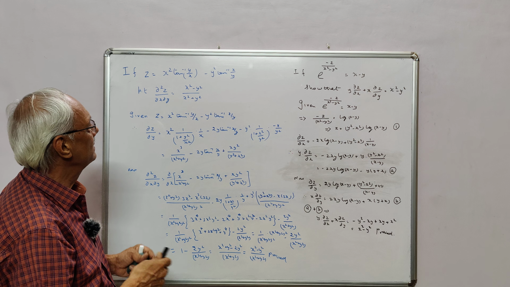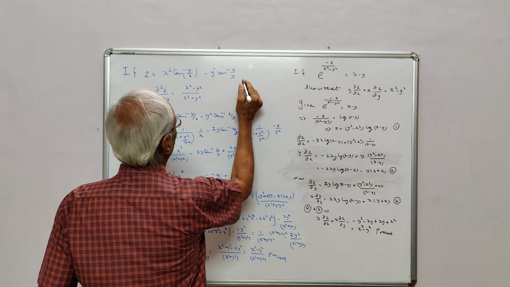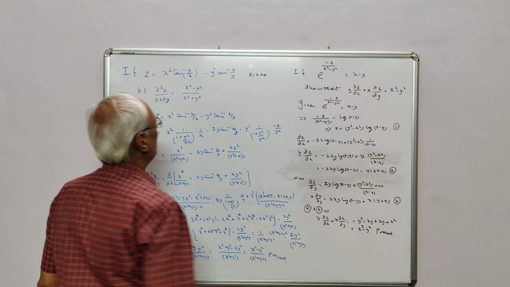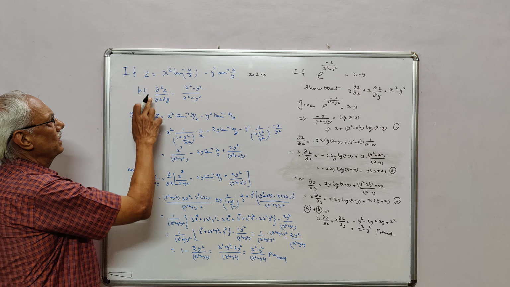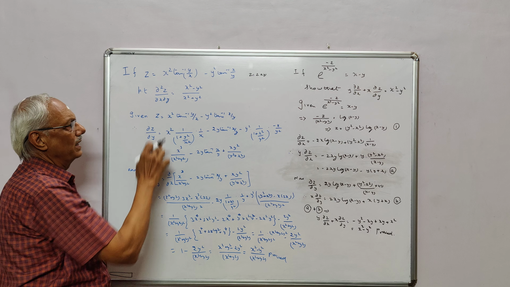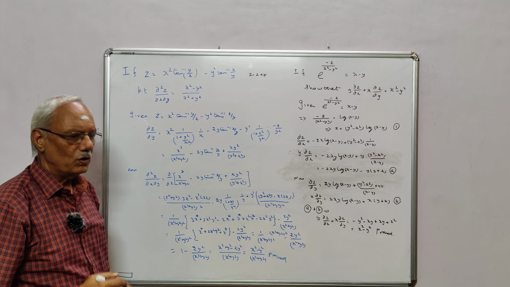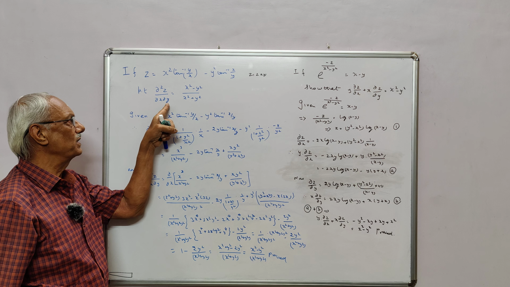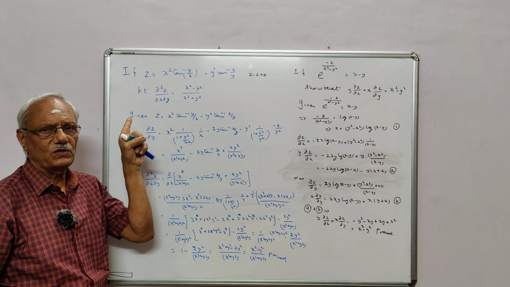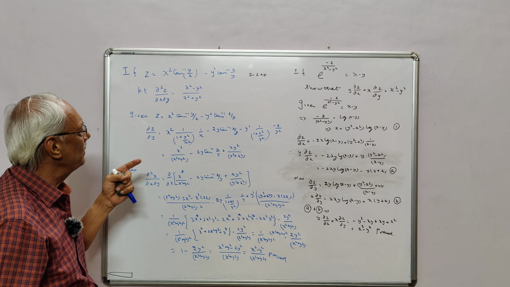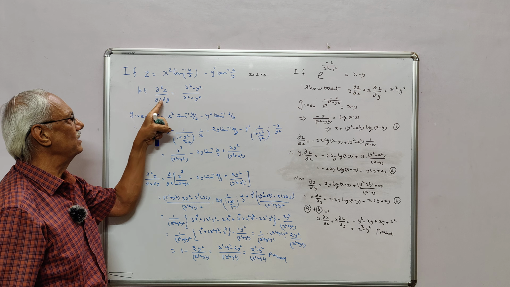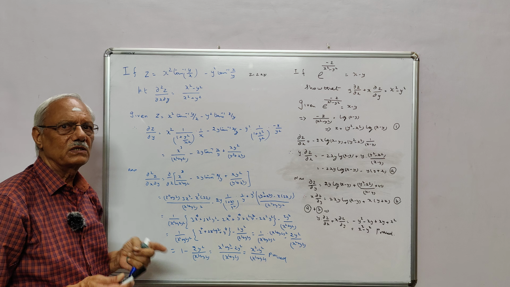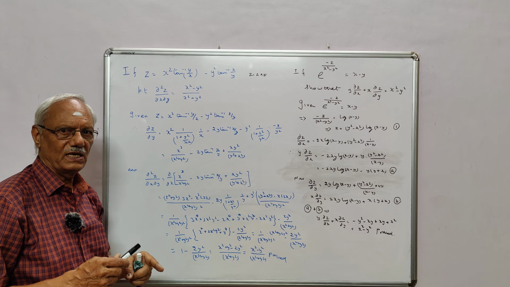Understand that z is a function of x and y, and del squared z by del x del y means that you are finding the second derivative of z with respect to y and then with respect to x. But even if you do it the other way, del by del x first, you will get the same result because commutativity holds good in this case.